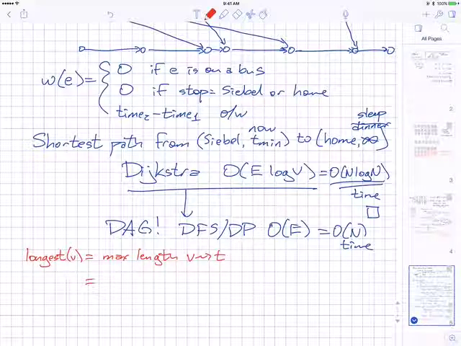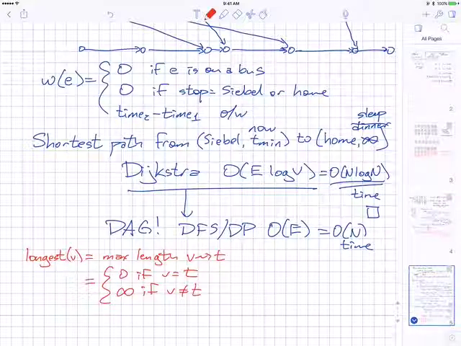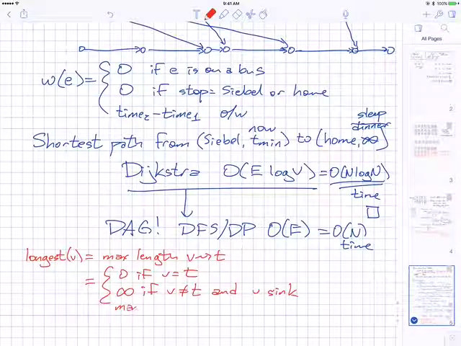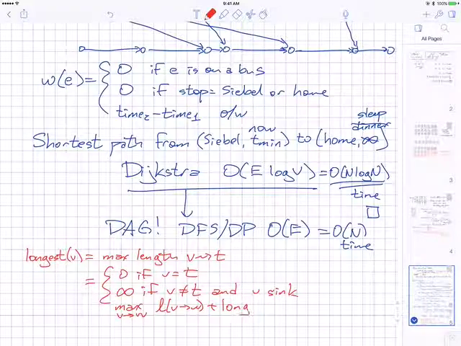And this is going to be either 0 if v equals t, infinity if v is not t and v is a sink, and otherwise it's going to be the max over all edges from v to w of the length of the edge from v to w plus the longest path from w to t.